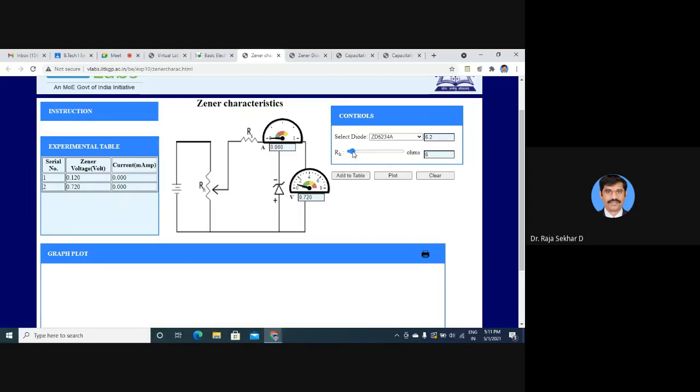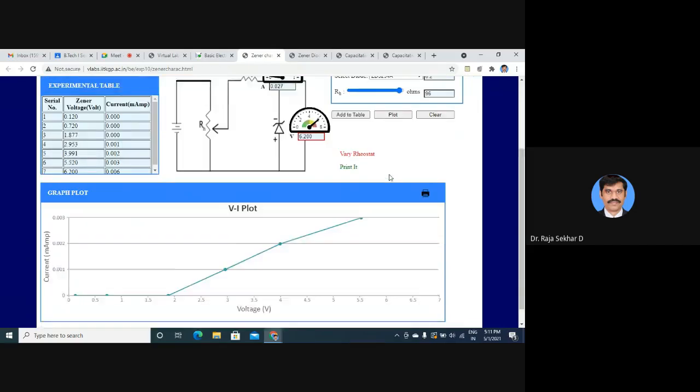Change this resistance value and note down the values. That's it.